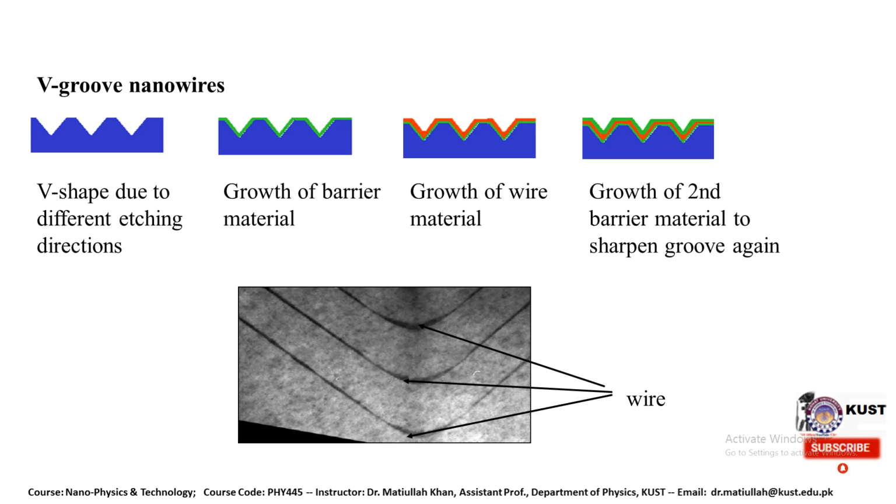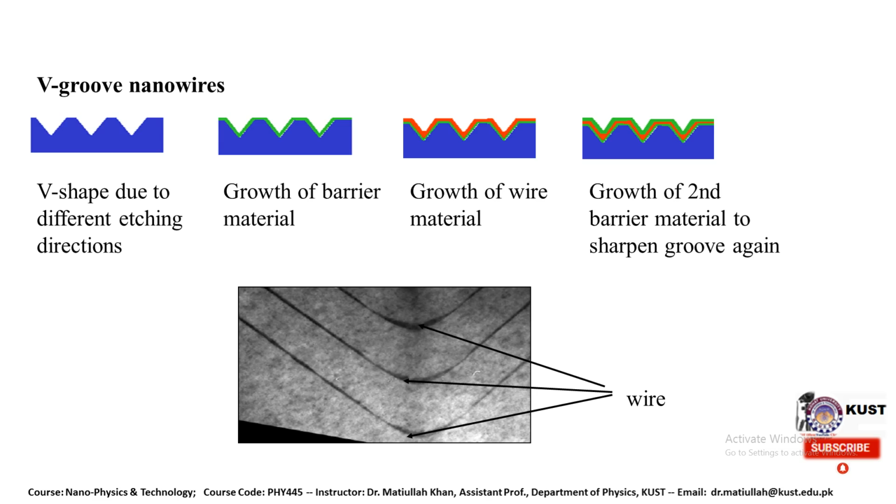Some particular and very interesting shaped nanowires are V-groove nanowires, and for that purpose we need to prepare the substrate in a V-shape due to different etching directions, and this is grown on a barrier material, and the growth of barrier material is made, and then finally the growth of a second barrier material to sharpen the groove again.